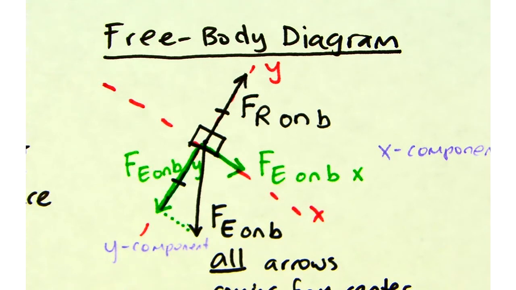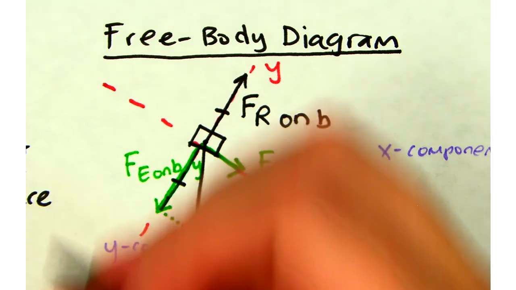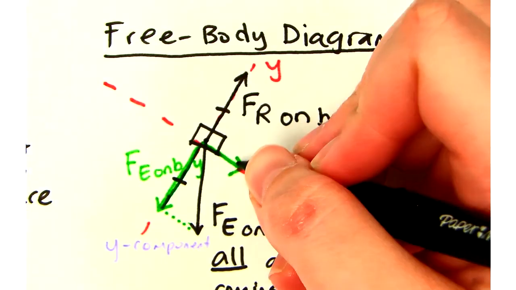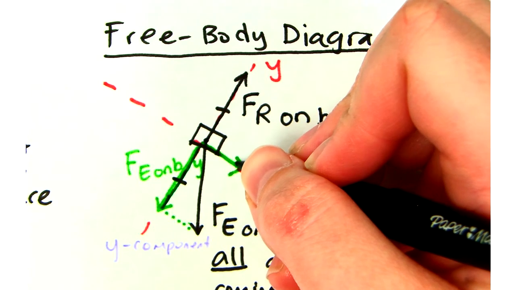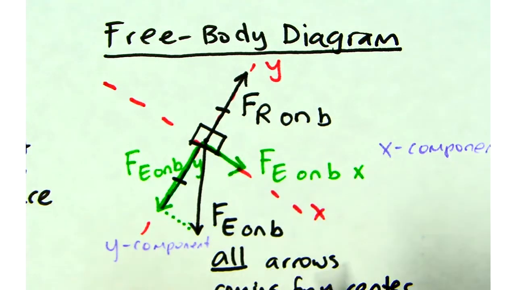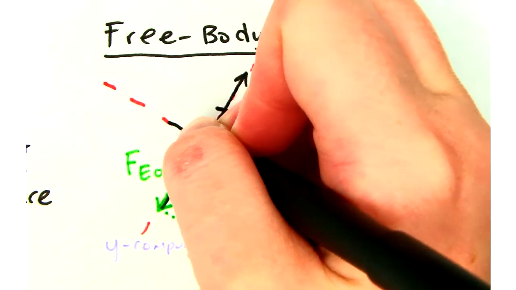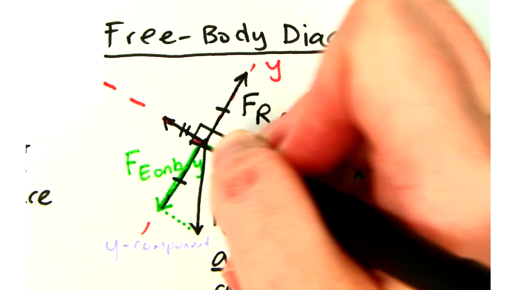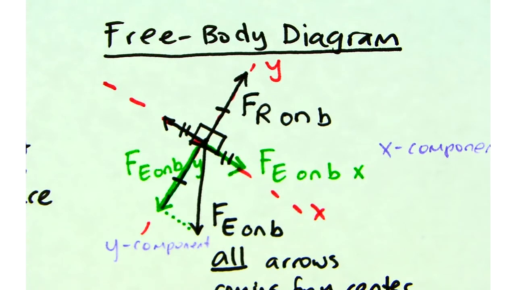What's preventing it from sliding down the ramp is that there are little bumps in the box itself and on the surface. And we call that friction. So the force of friction, in this case, has to be the same amount as my force of the Earth on the box in the down-the-ramp direction. And so that's going to go like this. And I can show some tick marks over there. This is my force of friction on the box.